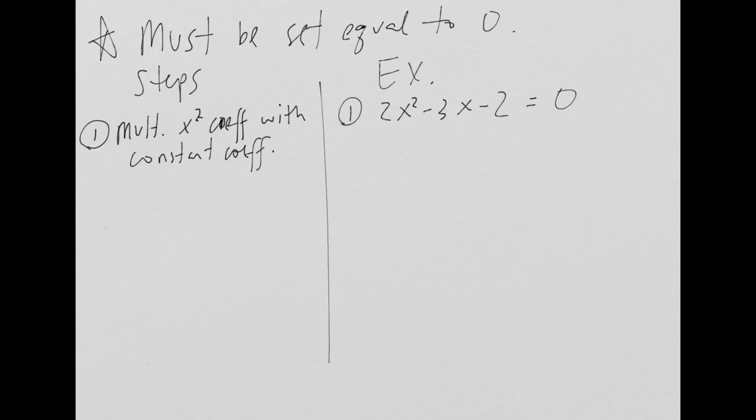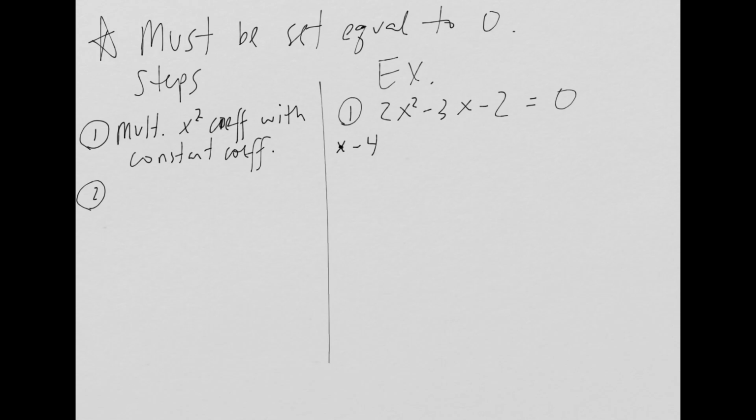So what number is in front of the x squared over here? I'm going to write a little multiply, so a little x. I have a 2 in front of the x squared, and I have a negative 2 as the constant. So constant means there's no x attached to it. So I have a 2 and a negative 2, so I got a negative 4. So multiply your first and last term, get my negative 4.